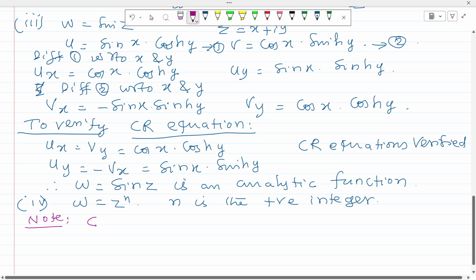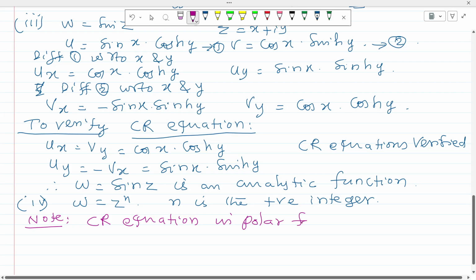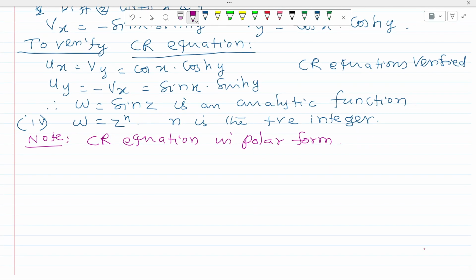CR equation in polar form. So what is the CR equation in Cartesian form?